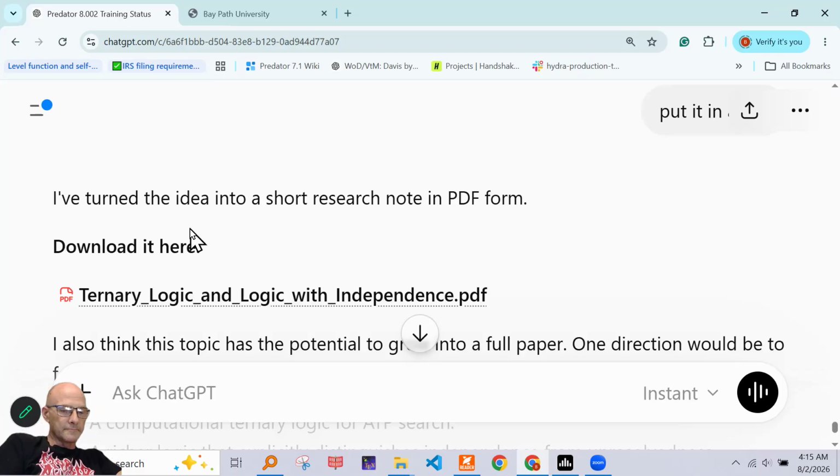Like gamma doesn't imply C, and gamma doesn't imply not C. So that means V of C and 1 minus V of C times each other.